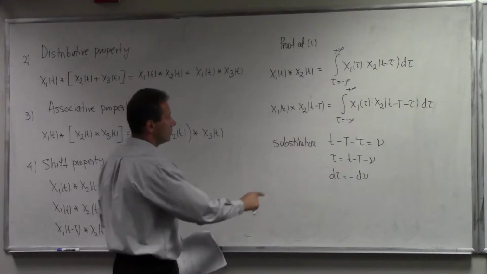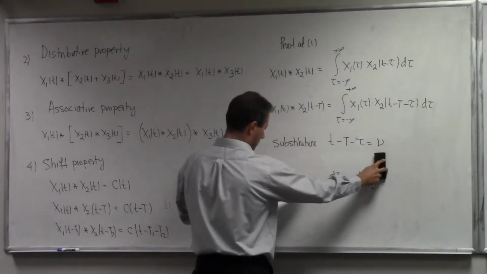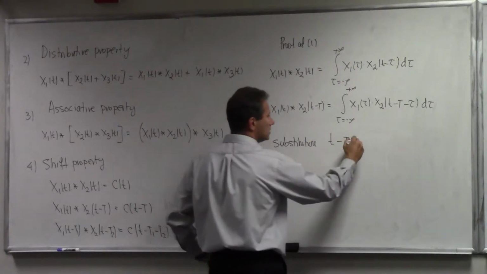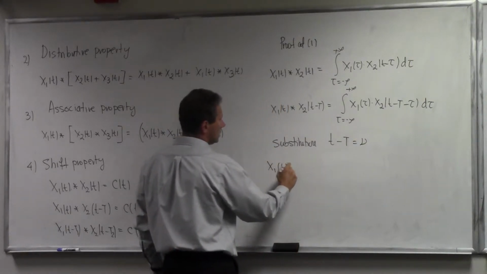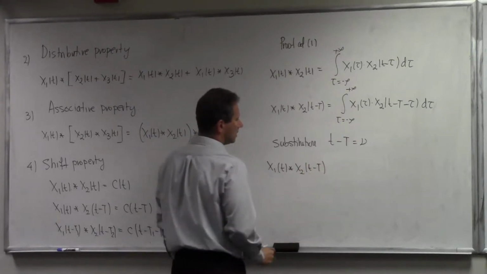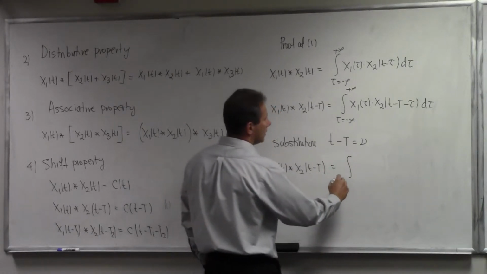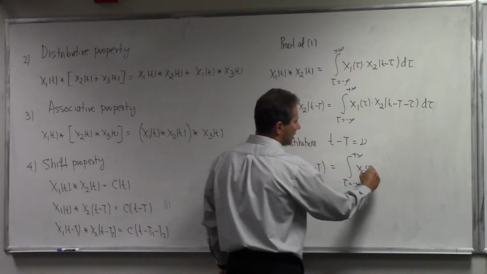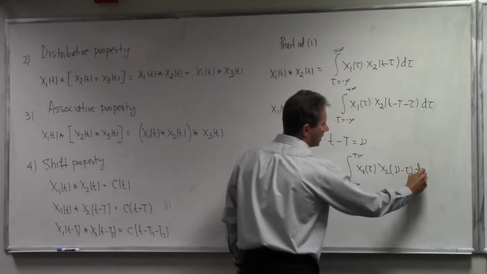Actually, I don't need to even go this far. Let's just do this substitution: t minus capital T is equal to nu. So then I have x1 of t convolved with x2 of t minus capital T is going to be the integral, tau goes from minus infinity to plus infinity, of x1 of tau, x2 of nu minus tau d tau, right?